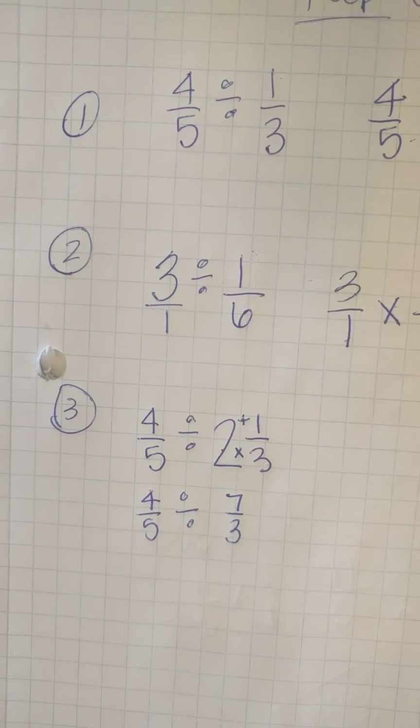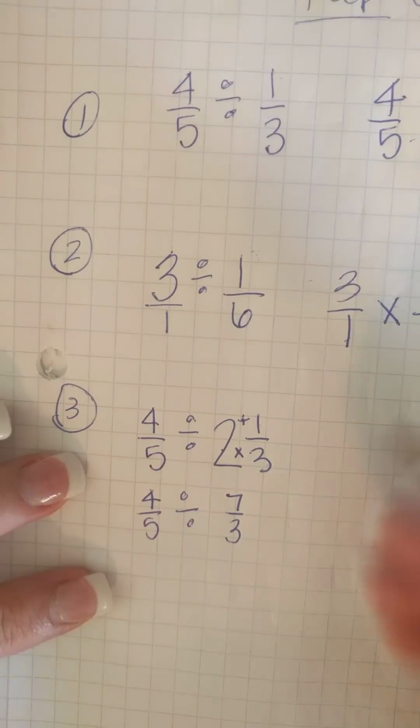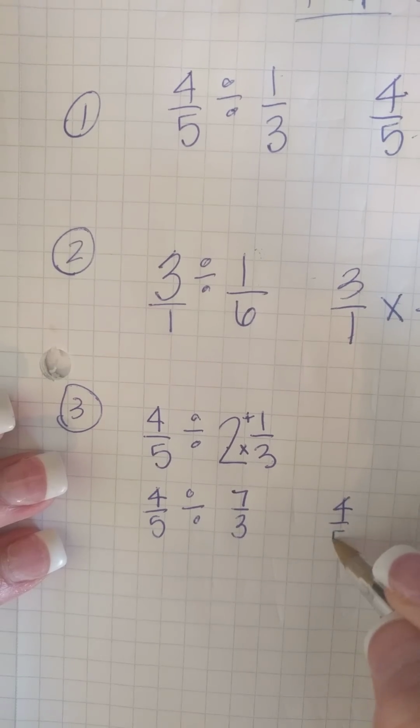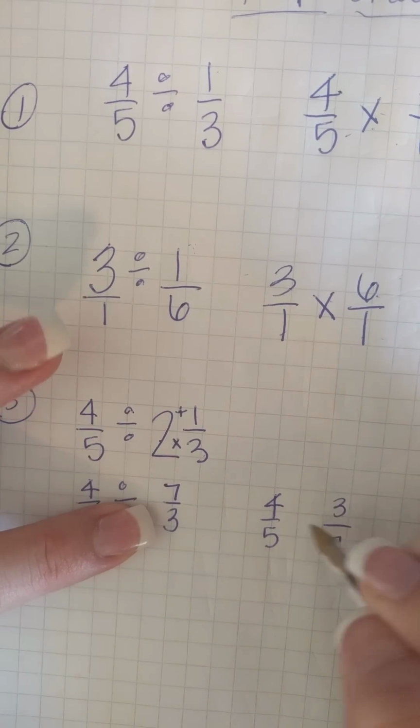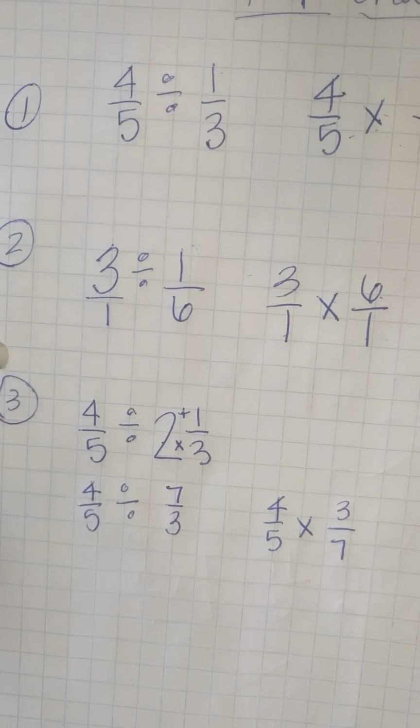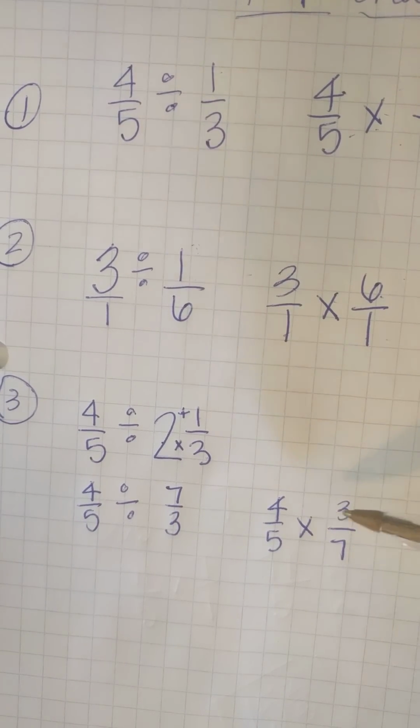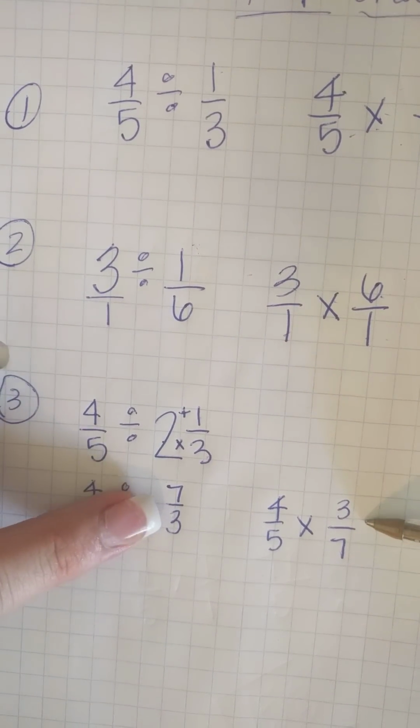Now I can do my dividing fractions. Okay, dividing fractions ain't no lie. Just flip the second one, 7 over 3, and multiply.